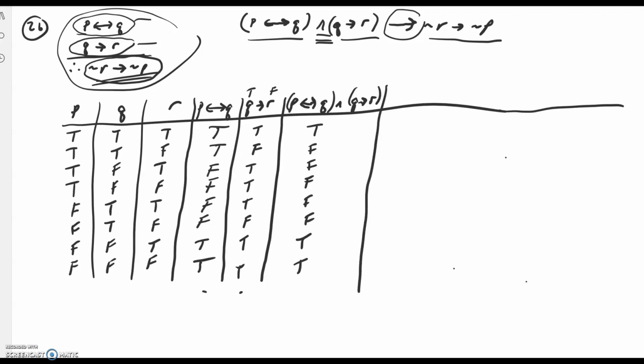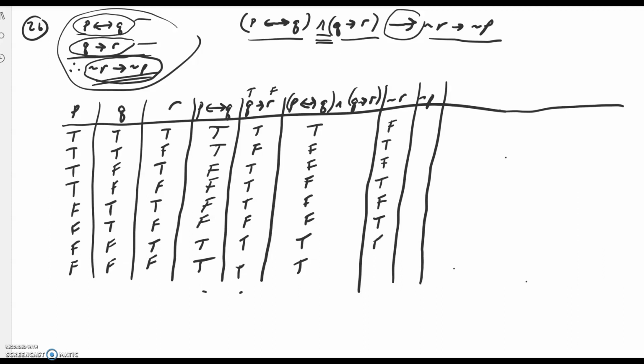And then it looks like we need a negation of R and a negation of P. The negation of R will be false, true, false, true, false, true, false, true. And the negation of P will be 4 falses and 4 trues.